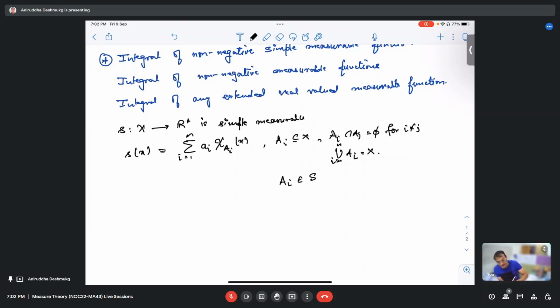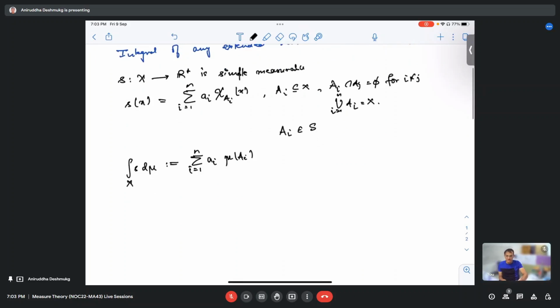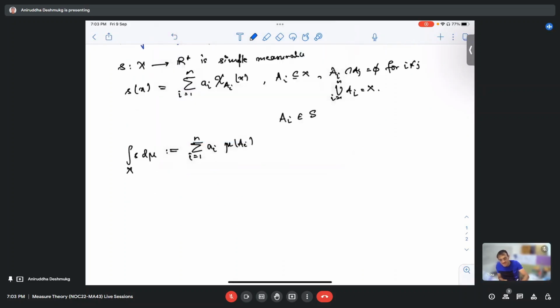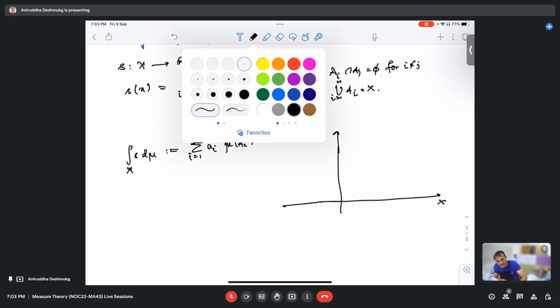And then given a measure mu on this sigma algebra S, we define the integral of s with respect to mu as the sum of a_i mu of A_i. So it is quite natural to define it this way, because what we are essentially doing is, say this is our set X, and this is the non-negative real line.